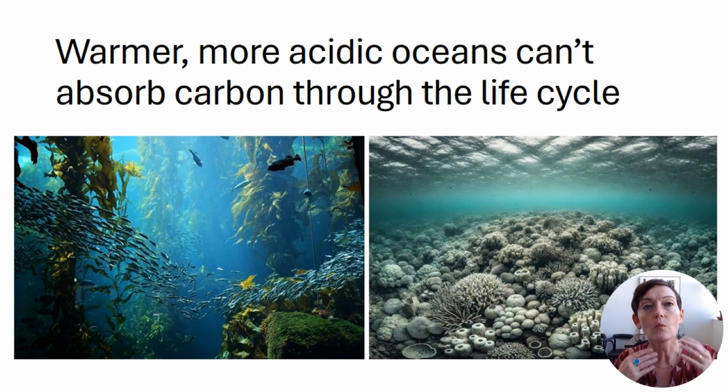So warming temperatures in the ocean are already a problem. But as I explained in the last video, acidity in the ocean is another problem that kills the animal life as well, if those animals have shells. So warming oceans kill coral reefs because they can't tolerate that kind of heat.